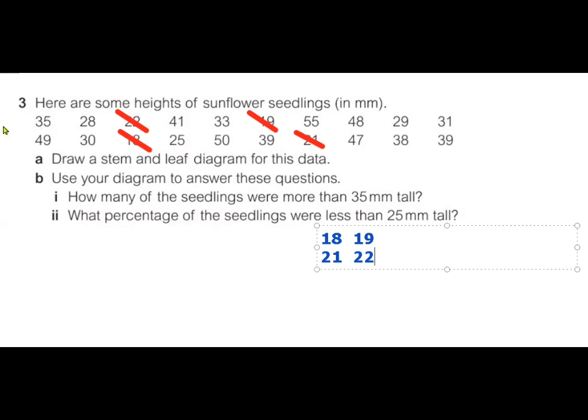Now, let's put a line on 25 here and then use it in the data. And we're still doing it in the same line because we're still using the 20s.